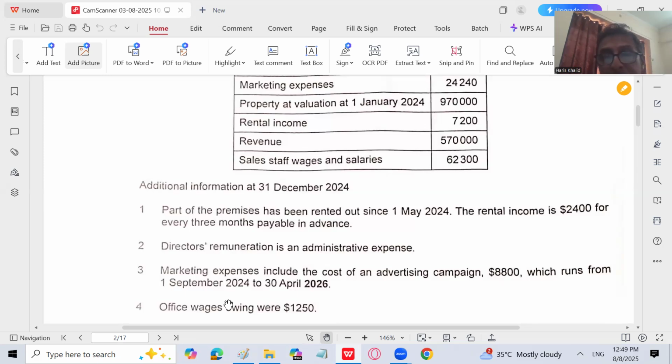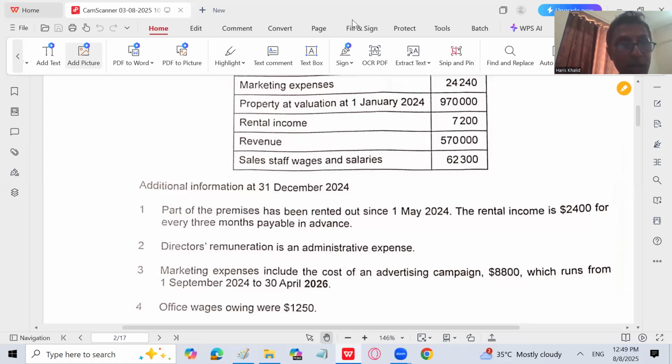But we have paid this 8,800 for the campaign from September till 30th April 2026. How many months is it? 4 months of 2024, 12 months of 2025, and 4 months of 2026, January, February, March, April. It becomes 20 months. So the 8,800 payment is for 20 months, out of which only 4 months should be a part of marketing expense for the current year.